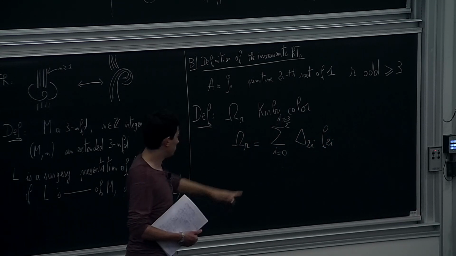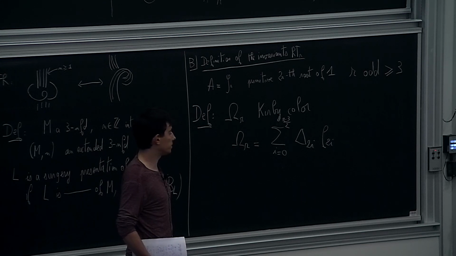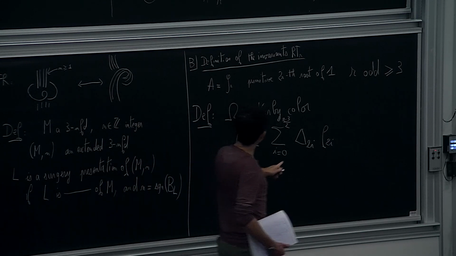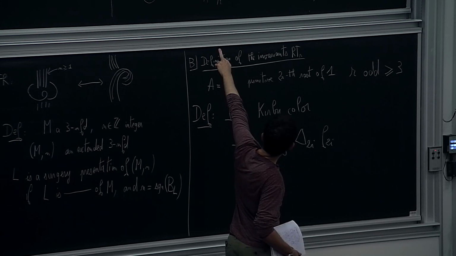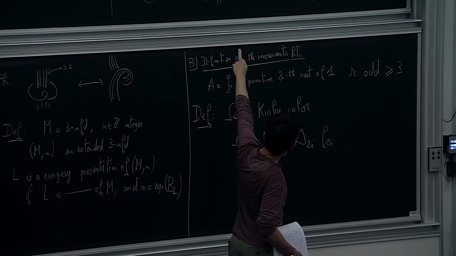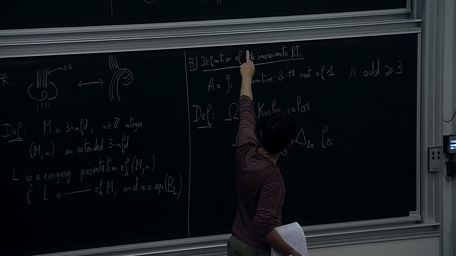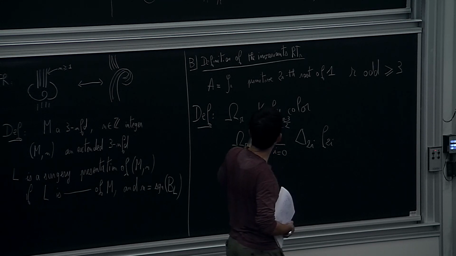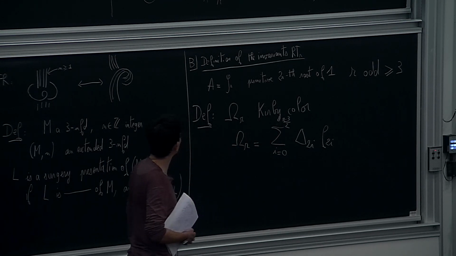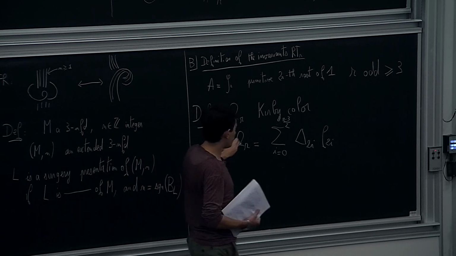So f2i is the 2i-th Jones-Wenzl idempotent, and delta 2i is the coefficient that appeared up there. So delta n is (minus 1) to the n times (a to the 2n plus 2 minus a to the minus 2n minus 2) over (a squared minus a to the minus 2). And so I'm defining this.